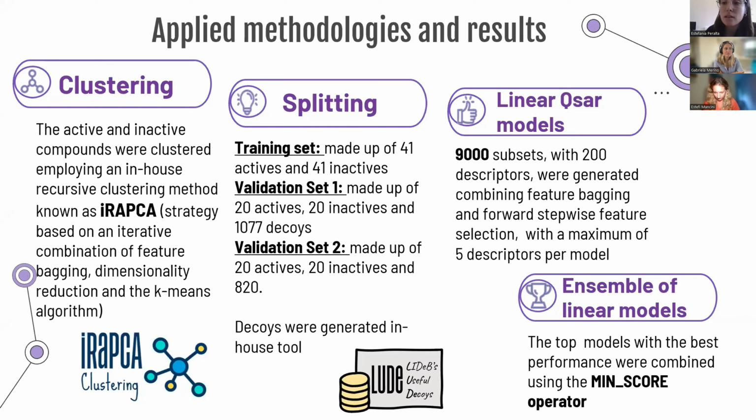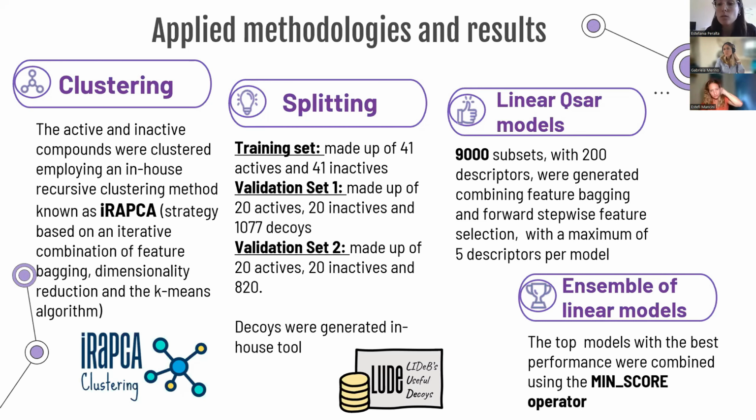The IRAPCA clustering is based on an iterative combination of feature bagging, dimensionality reduction through principal components analysis, and the K-means algorithm. In this manner, we obtained a balanced training set and 2 validation sets.